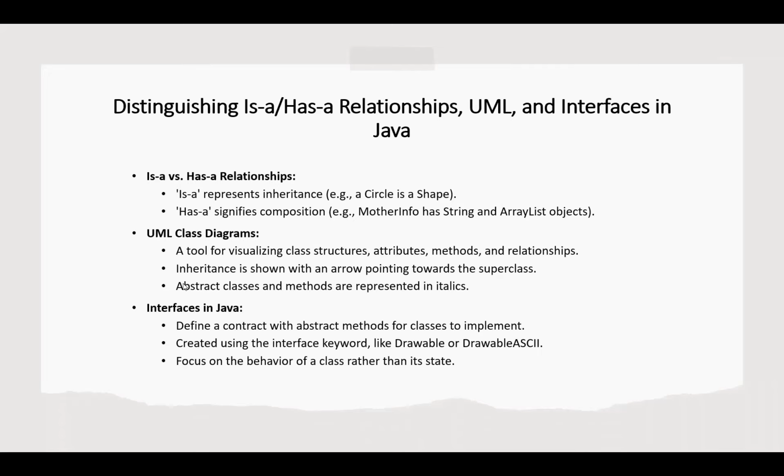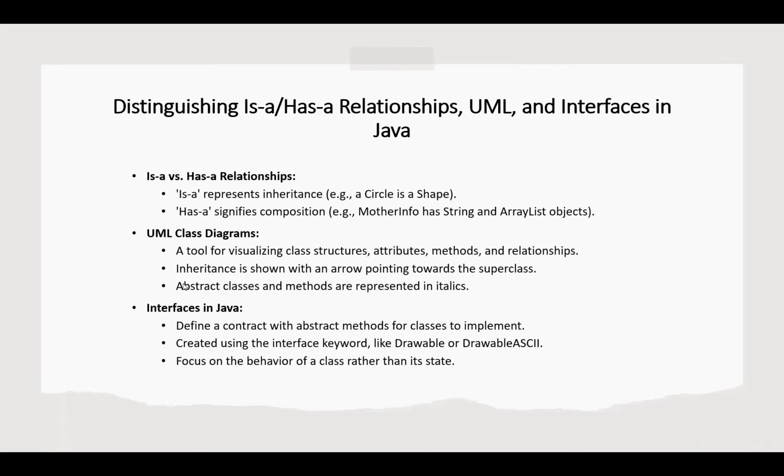UML diagrams. The full form of UML is Unified Modeling Language. It is a visual language for modeling the structure of software systems. UML class diagrams are particularly useful for visualizing the structure of a program, including classes, their attributes, methods, and relationships.